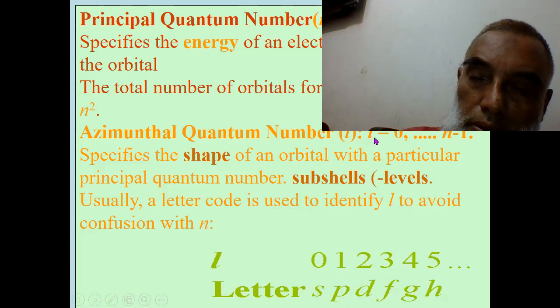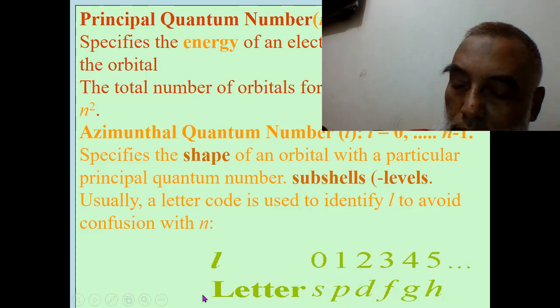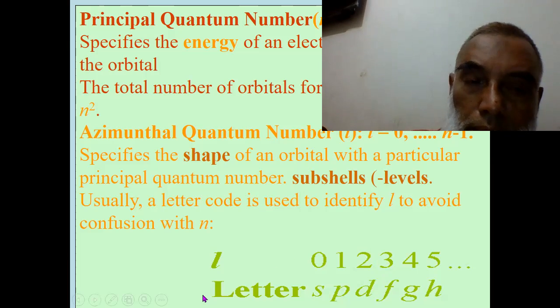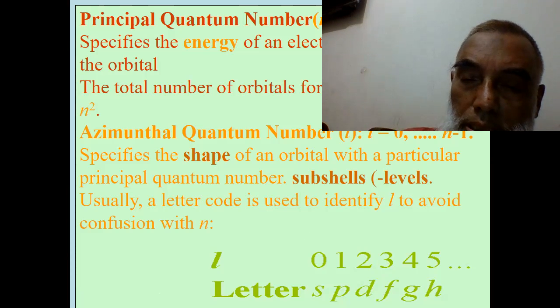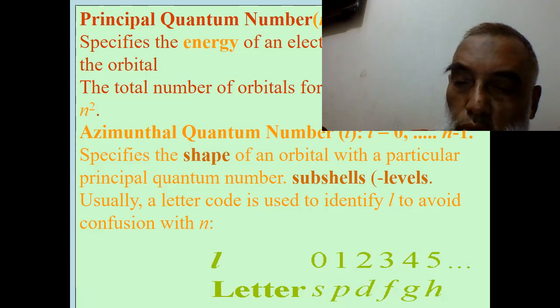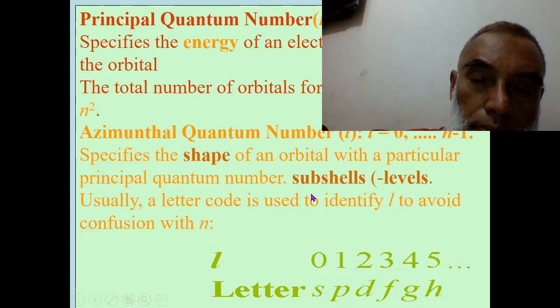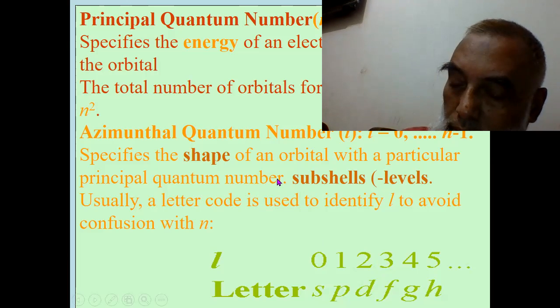When n is 4, then L is up to 3: 3, 2, 1, and 0. 0 is s, 1 is p, 2 is d, and 3 represents f orbitals. In this way, the azimuthal quantum number shows the shape of the orbital.